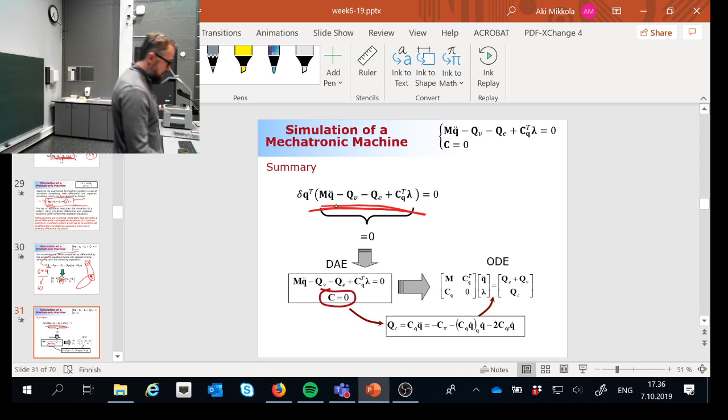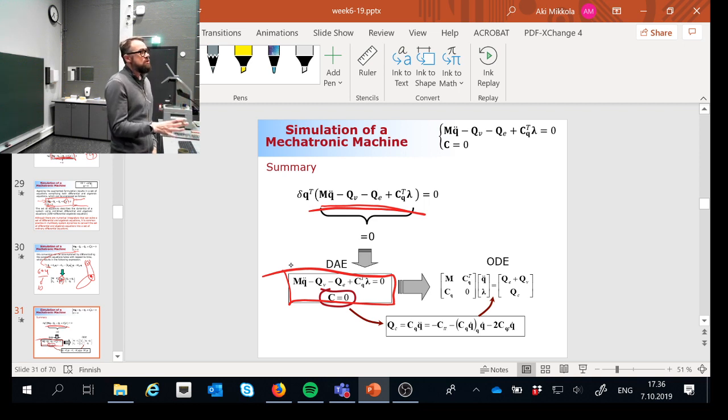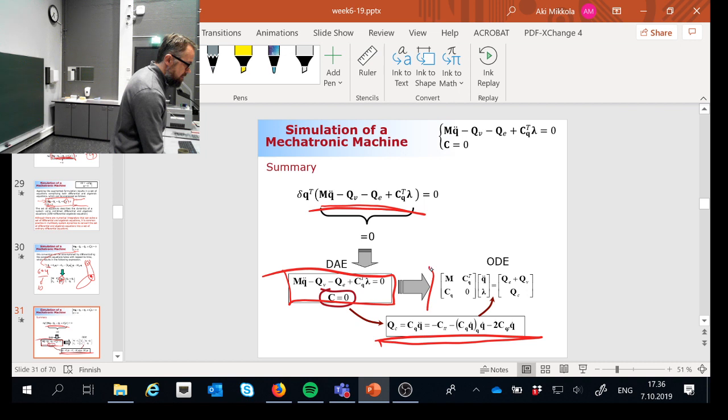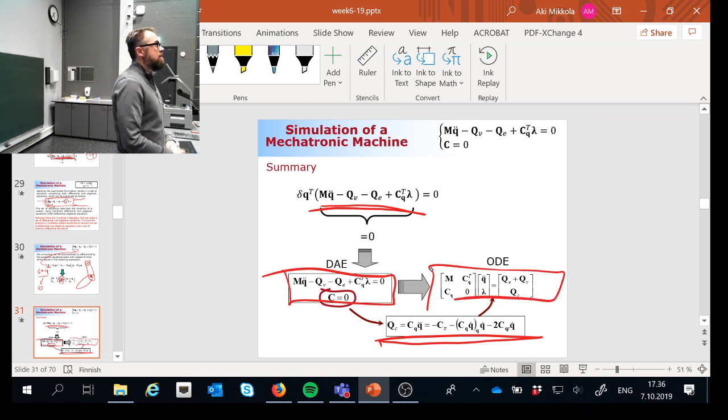And then we ended up with a set of differential algebraic equations, which we could stop at. But I wanted to take one step further because I want to convert this set of differential algebraic equations to be expressed by ordinary differential equations. How was that possible? With the help of constraint equations. So I differentiate my constraint equation twice with respect to time, and it produced a set of ordinary differential equations where the constraints are accounted for.